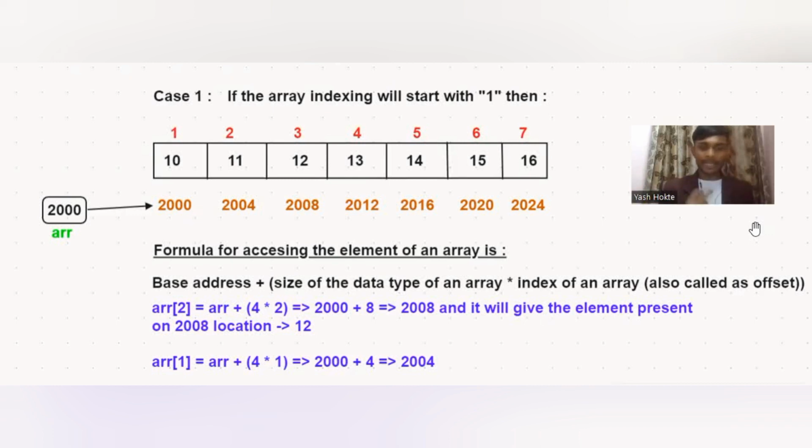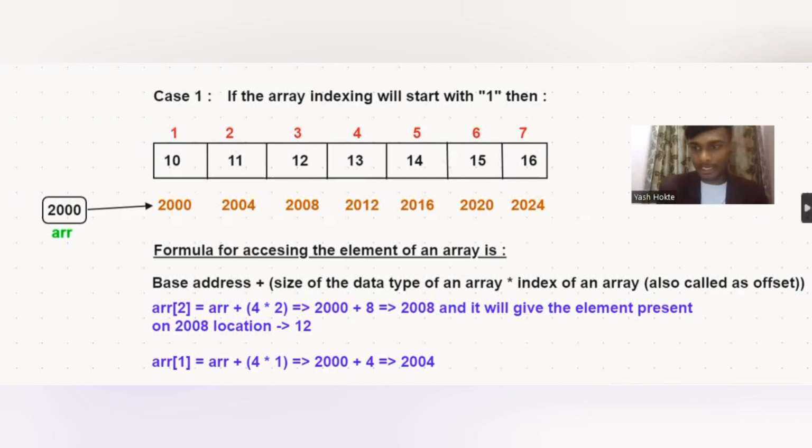And the second thing: suppose I want to access the first element of the array, so I write arr[1], and it is converted into base address plus 4 times 1. The base address is 2000, plus 4 times 1 is 2004, but at location 2004 the element is 11, while we want to access the element 10. So I can conclude that if the array indexing started with 1, I would never be able to access the very first element of the array. Because of these two reasons, the indexing of an array doesn't start with 1. The indexing of an array starts with 0.